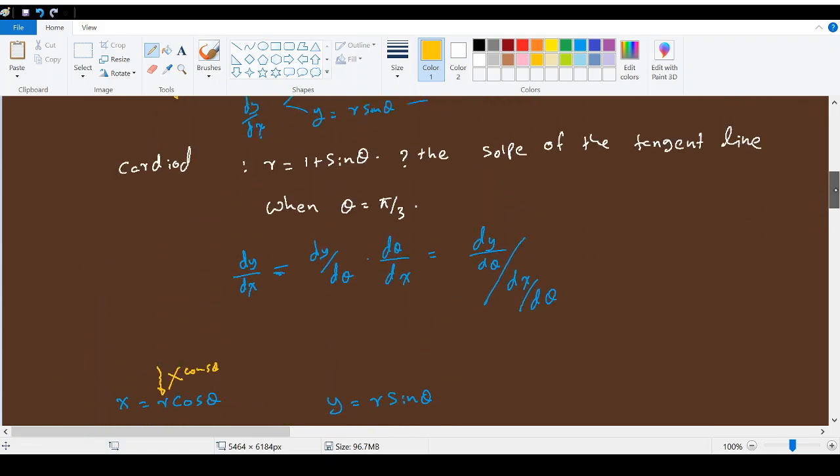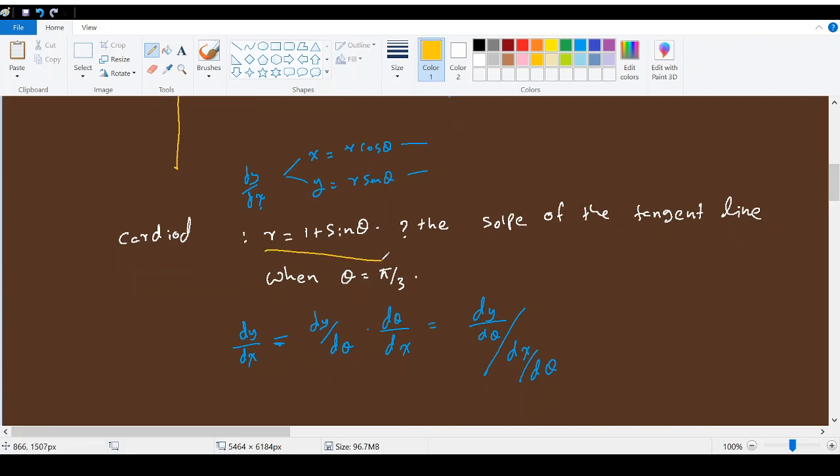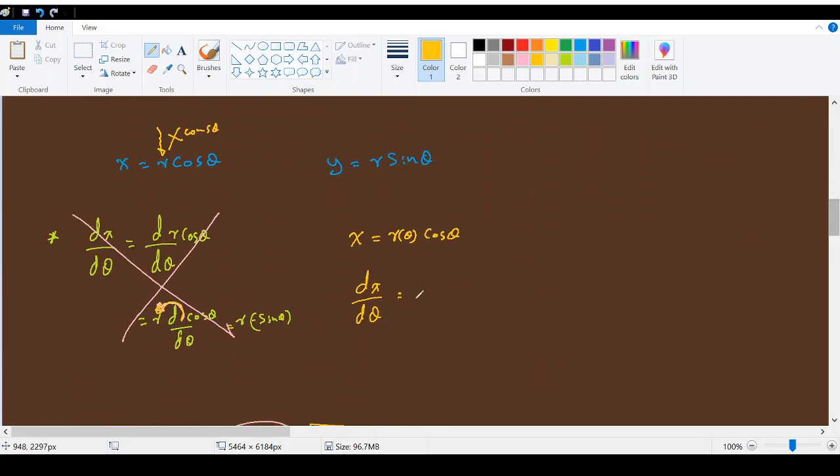So here the equation of the cardioid is given like this. See, r depends on theta, so it is better if we write it like this. Since r depends on theta, we have 1 plus sine theta, that's the relationship they gave, and we have cos theta.